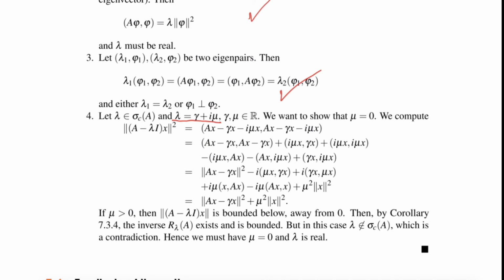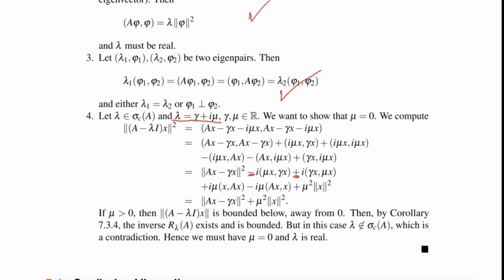The first one is the norm squared of Ax minus gamma x. The next one is i times (mu x, gamma x). And then we have an i (gamma x, mu x). But one term is minus and the other term is plus, so they will cancel.